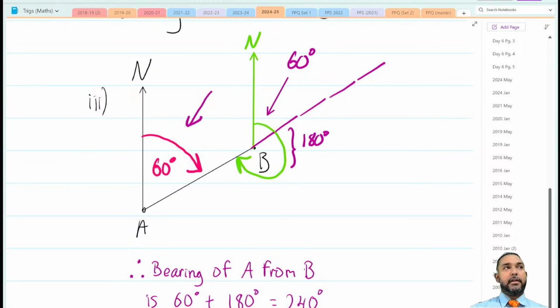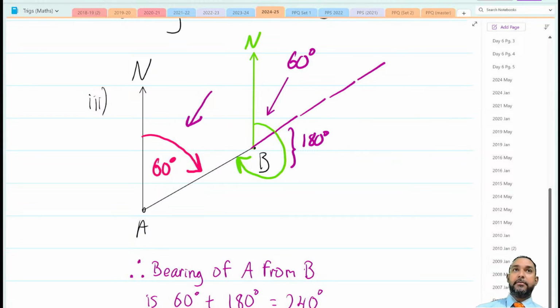Now, I'll give you a little idea that occurred to me. If you went from A to B and you wanted to go back from B to A, you would just turn around and walk back. When you turn around, don't people say you make a 180 and go back from where you came from? Why do they say make a 180? Because it points you in the opposite direction from which you came. And that's basically what we did. We took the 60-degree angle and we added 180.